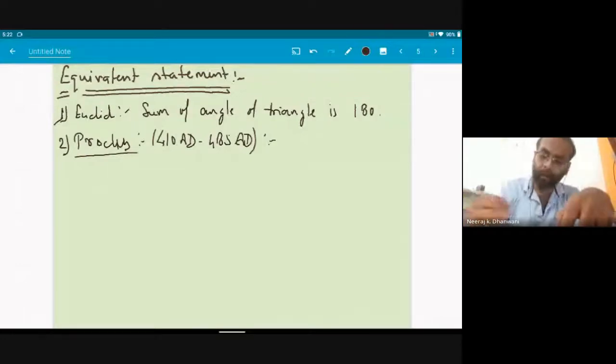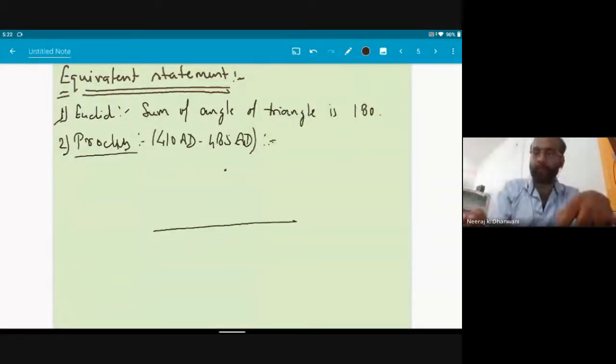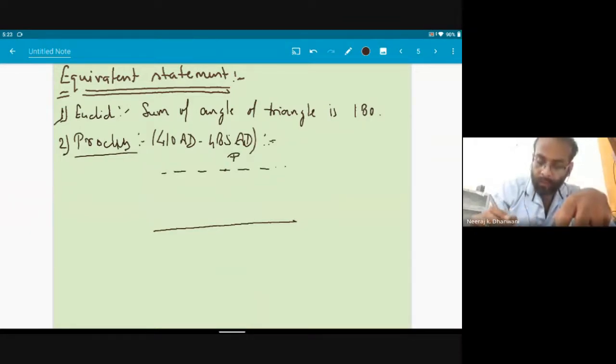His statement was one of the statements we used to learn: if you have a line L and a point P outside the line, then you can draw a unique line from this point P which is parallel to L.